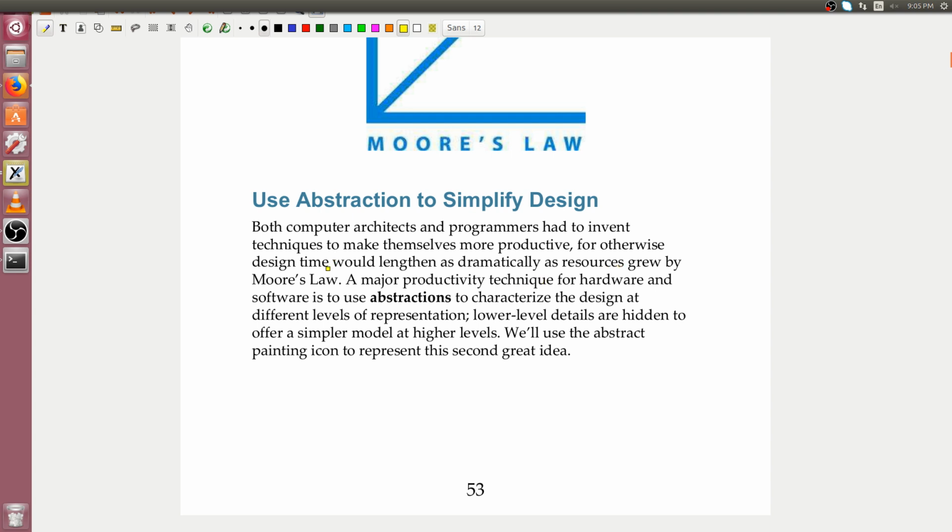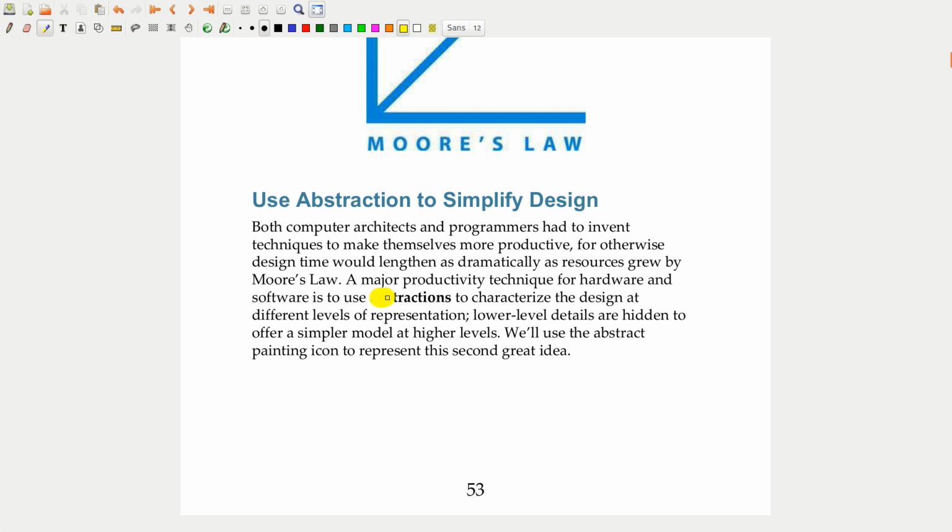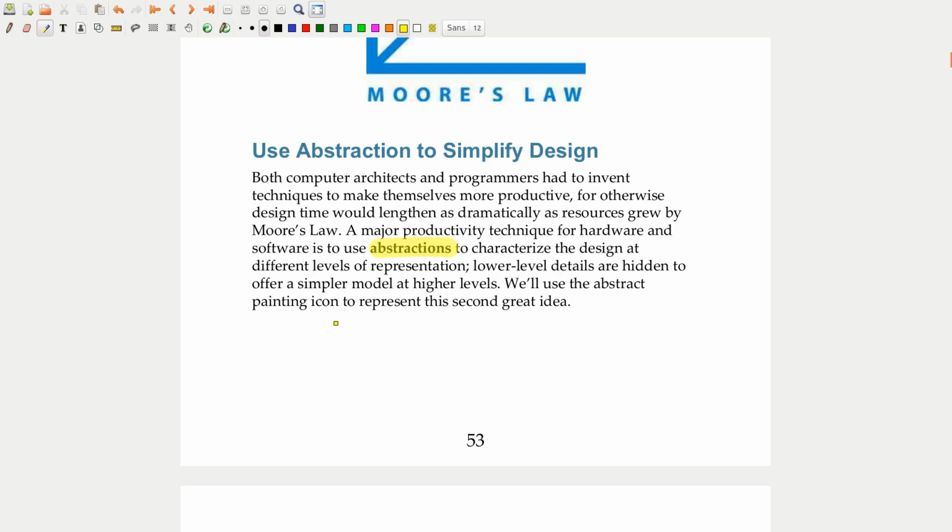So we need ways of designing things where we don't get stuck in the weeds. We need to be able to see the path forward and hide some of the low-level nitty-gritty details that would otherwise get in the way. And so we do that by abstractions to characterize the design at different levels.